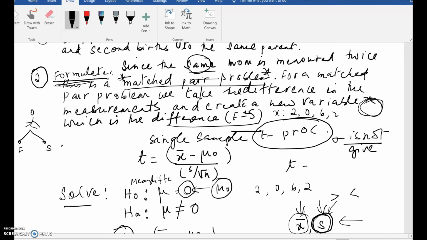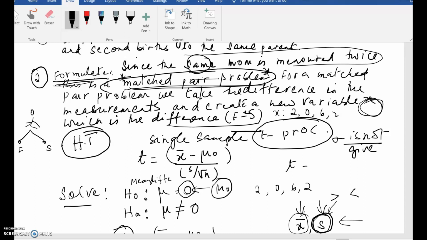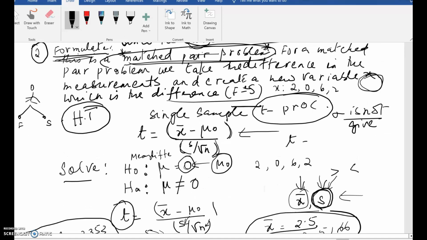So you're going to say we will do a hypothesis test for a matched pair problem. So this is a hypothesis test. Make sure you say these things: hypothesis test, matched pair problem, because same mom is measured twice. We use the formula T equals x bar minus mu o divided by S over radical N because it is a T procedure.